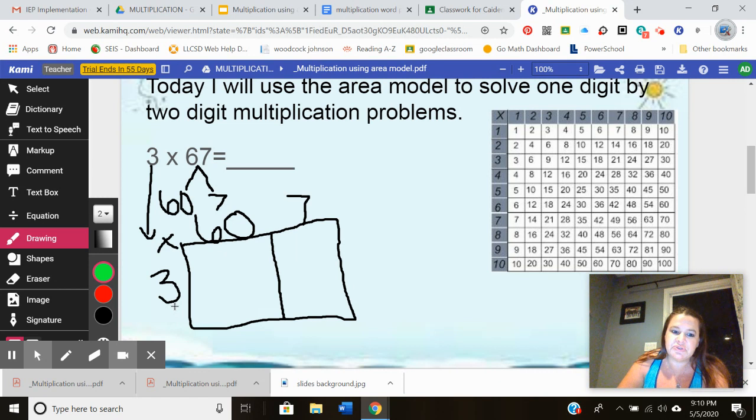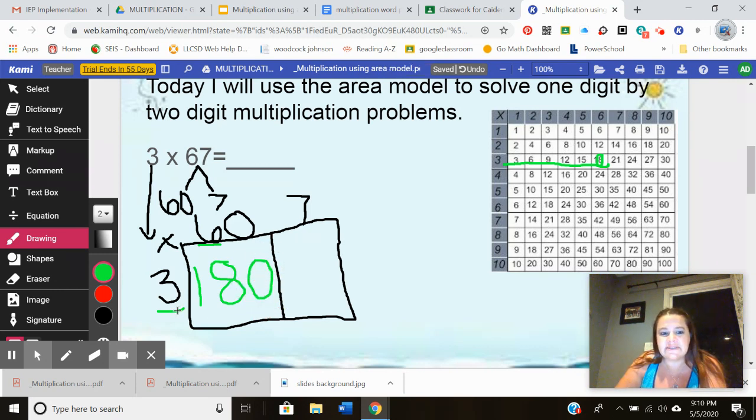So I'm just going to go 3 times 6. 3 times 6 is 18, so I'm going to write 1 and then an 8. But then I have to go 3 times 0. Well, the rule is anytime a number is multiplied by 0, it's 0. So 3 times 0 is 0. So this means that 3 times 60 is 180.